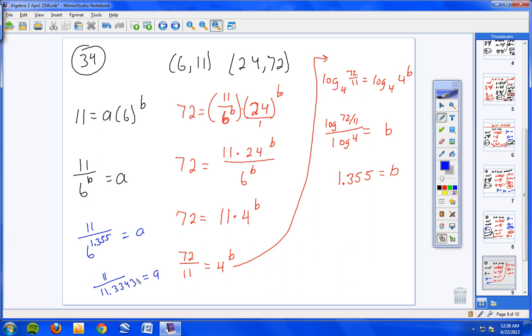And so take 11 divided by that number, and you'll get 0.97. So 0.97 equals a.